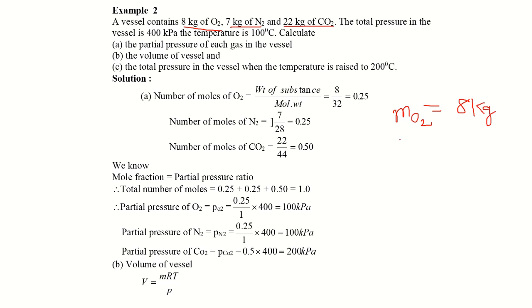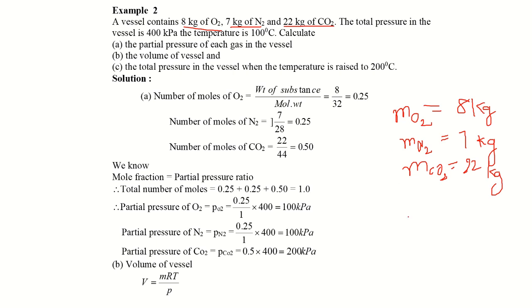Mass of nitrogen is 7 kg. Mass of carbon dioxide is equal to 22 kg. There are 3 gases given: oxygen, nitrogen, carbon dioxide.